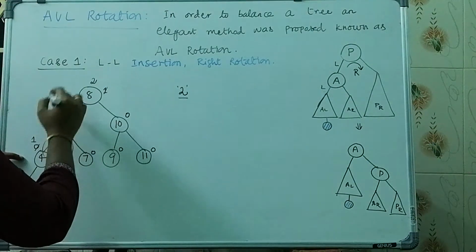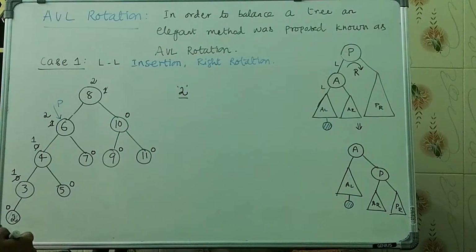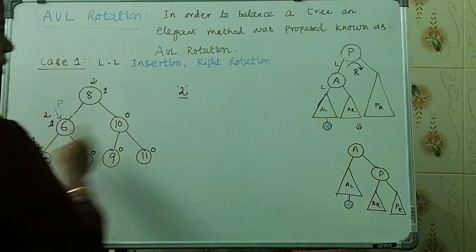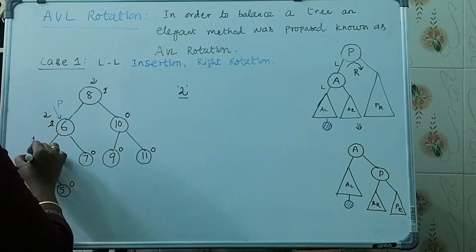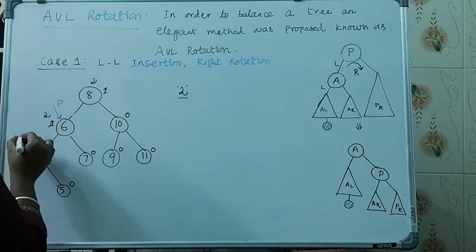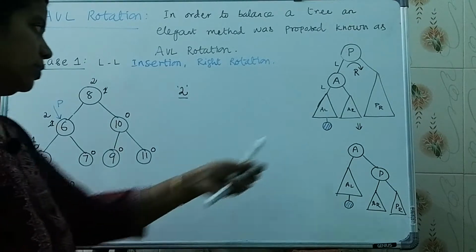Now the balance factor for this is 2, now this is P. Okay, now to the left of P is A. So once we correctly figure out what is P and then A, the rest of the rotation method becomes so easy.